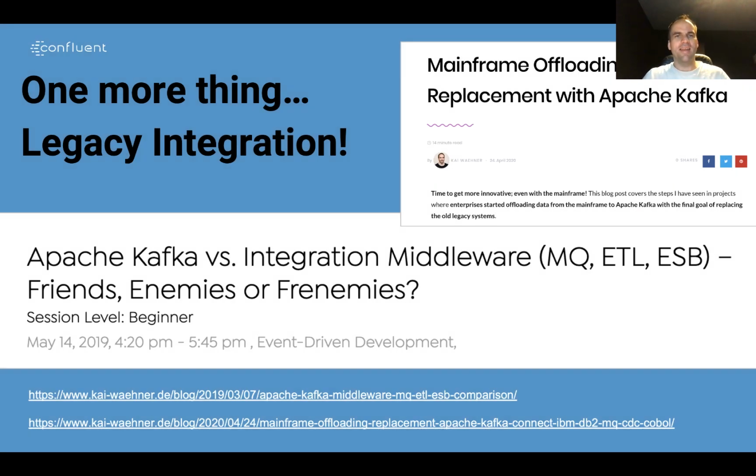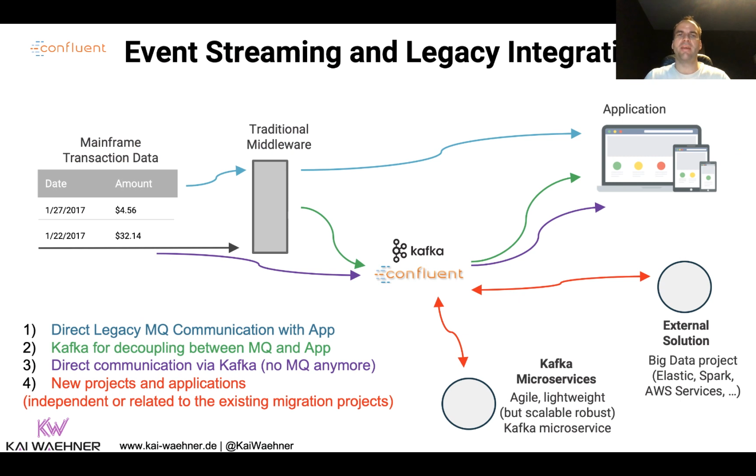One last thing, I didn't specifically talk about this, but of course legacy integration is big for pharma and life sciences. I have a lot of other material about that, so I won't cover it here in detail. Just check out how you can integrate between Kafka and legacy systems like mainframes or other existing batch ETL systems. This is not a big bang replacement typically, but these are complementary to each other. So you really need to understand how this works in much more detail.